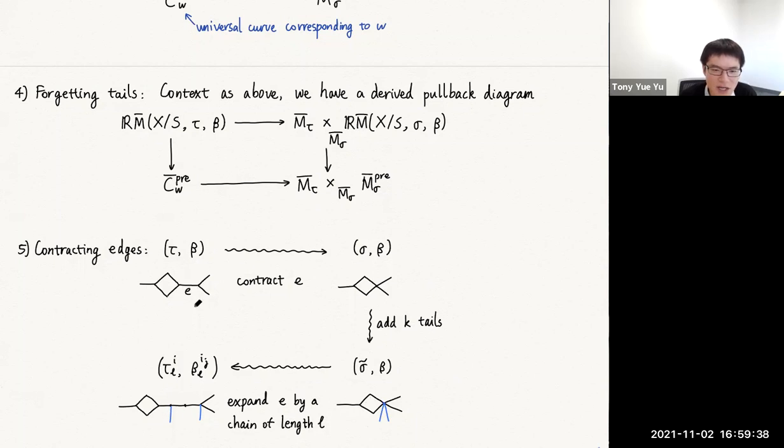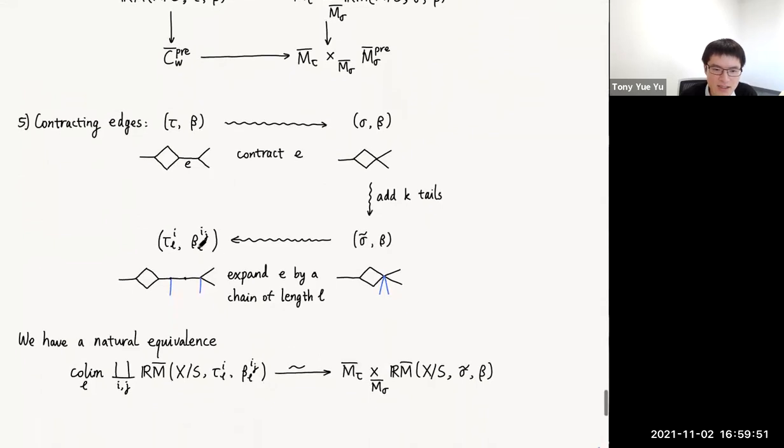Before we had just one edge, now we expand by a chain of edges. And we also compatibly distribute these new tails and the new curve classes. Then it's easy to guess that we should also have an equivalence between the associated derived stacks.